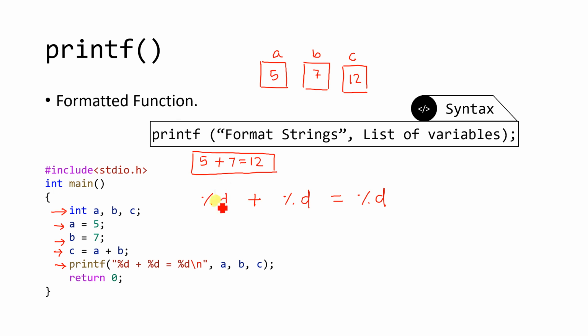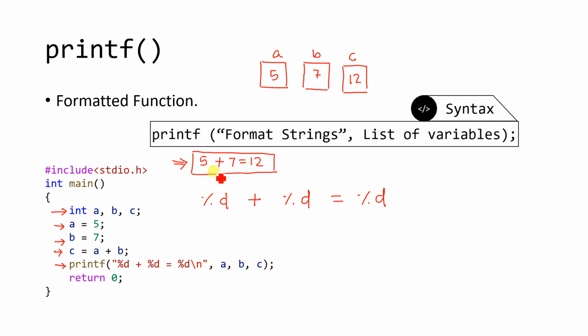This line shows that %d indicates that we are going to use decimal numbers, or represent integer numbers, and it also acts as a placeholder for the different variables to be displayed. Here I want to display the value of a, because I want the output something like this: a is having 5, b is having 7 and c is having 12.